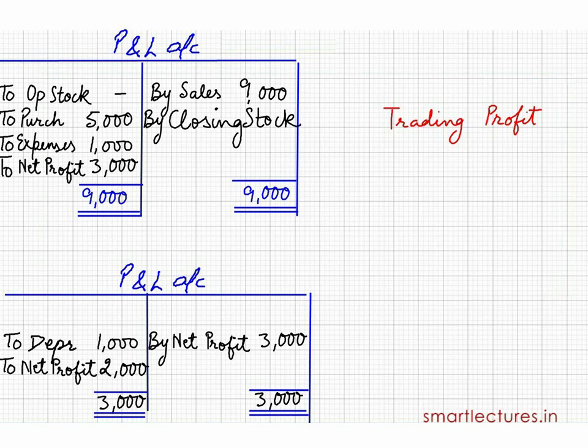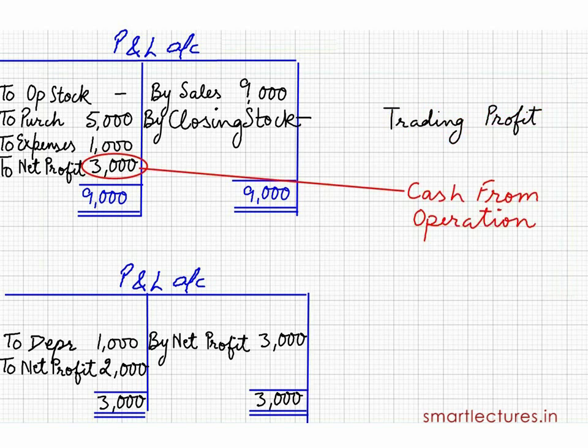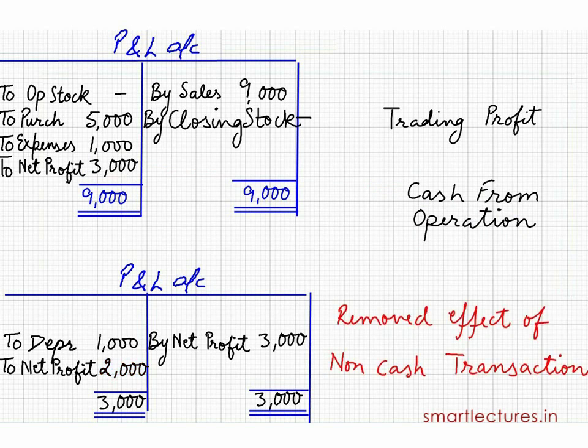Any net profit based upon cash transactions is called cash from operation or cash generated from operating activities. So this is the real cash from operation. What I have done is removed the effect of non-cash transactions on this net profit.